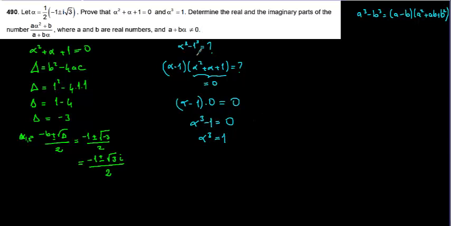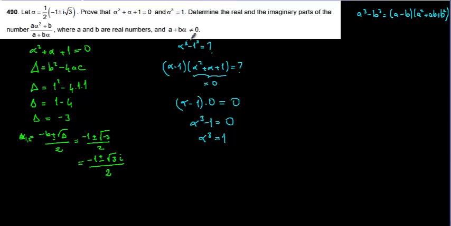Again, I'm repeating this part. Alpha minus 1 times alpha squared plus alpha plus 1 is the factorization of alpha cubed minus 1 cubed. Why am I looking for alpha cubed minus 1 cubed? Because I'm going to prove that alpha cubed is equal to 1. Instead of replacing the alpha value, I'm using the a cubed minus b cubed formula.